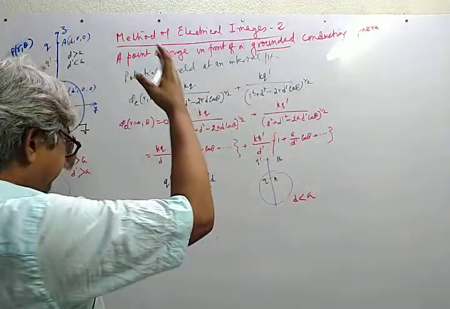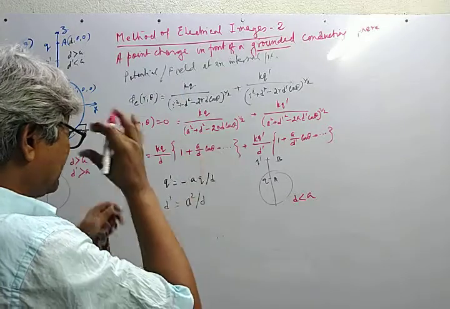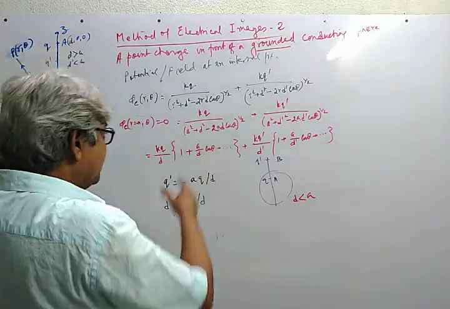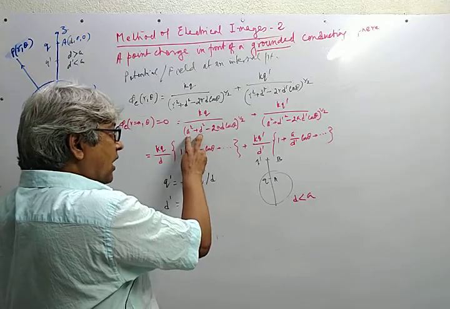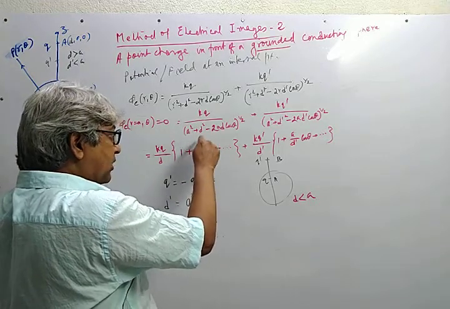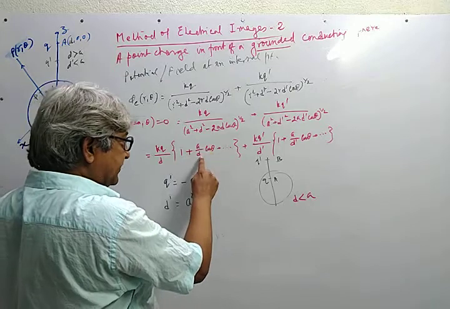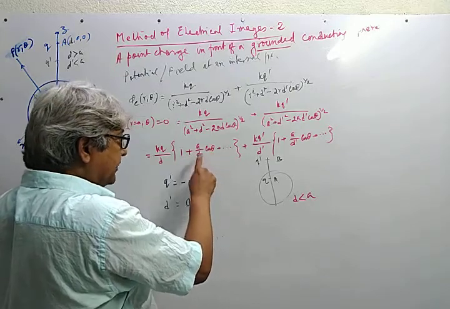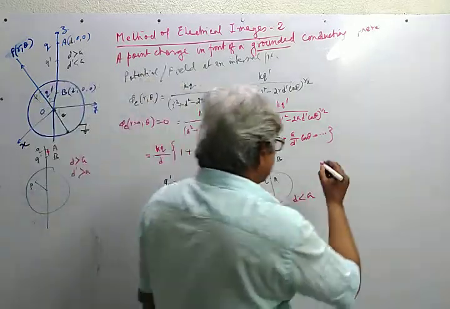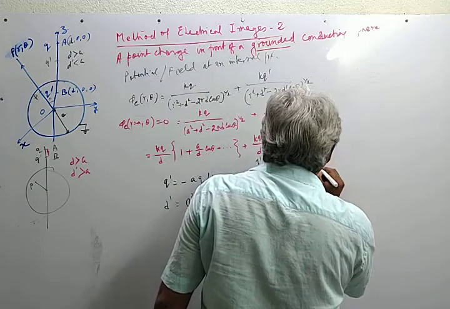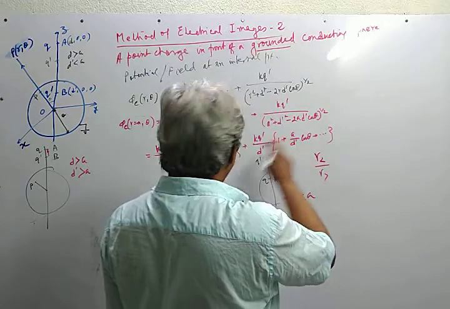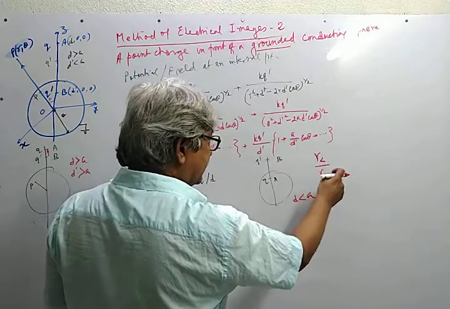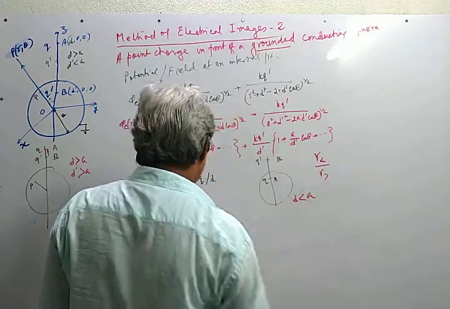If we perform the calculation in a similar fashion, the only thing you need to know is which one is the smaller of A and D. The smaller one will appear in the numerator and the greater one will come in the denominator. That is, the things will be like this, where r smaller means smaller of the two, and r greater means greater of the two.